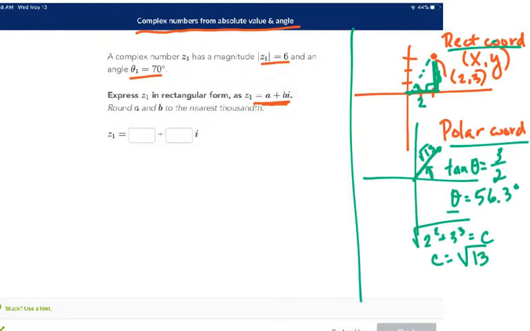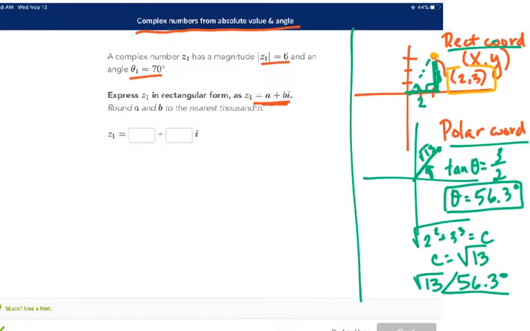So if we find the angle right here is 56.3 degrees, we can write the polar coordinates as the magnitude, which was the square root of 13, and then the angle was 56.3 degrees. So all I'm showing is when you label this point in rectangular coordinates, you label it 2, 3.